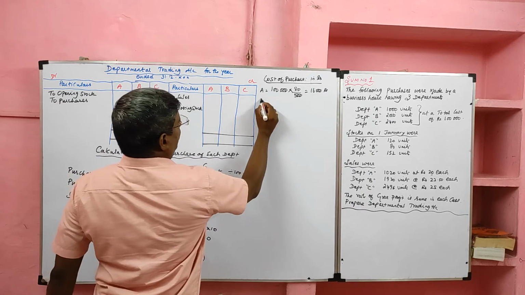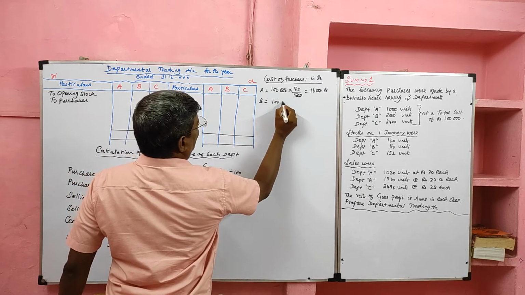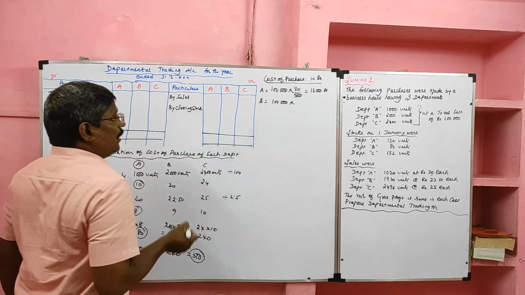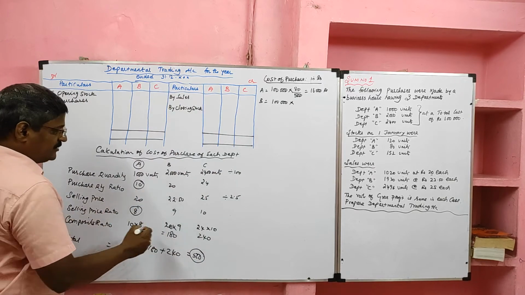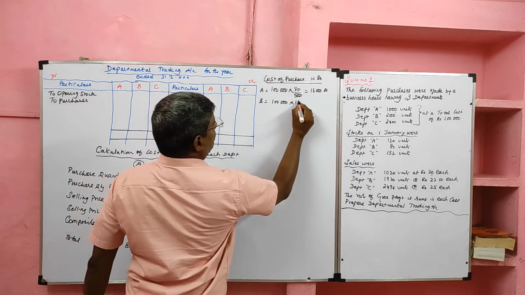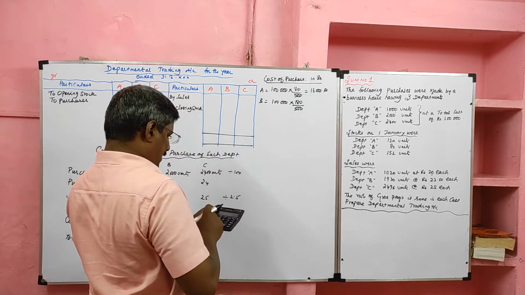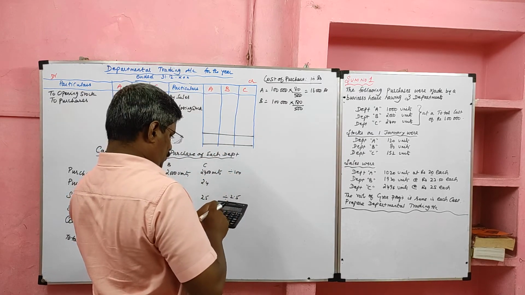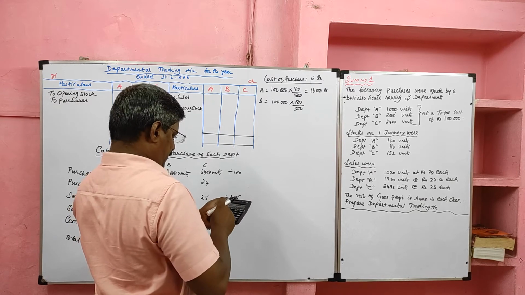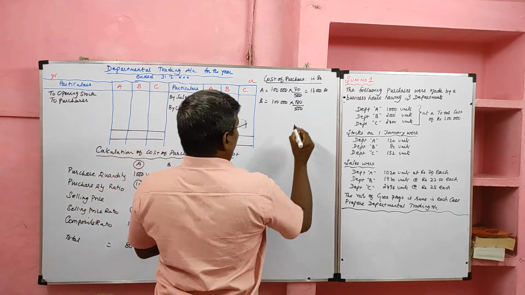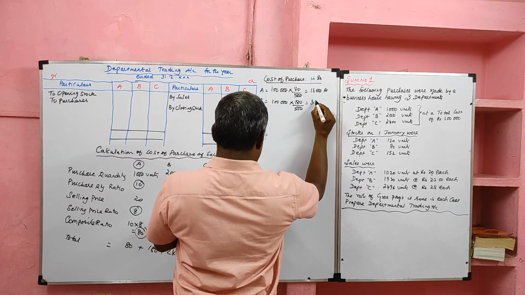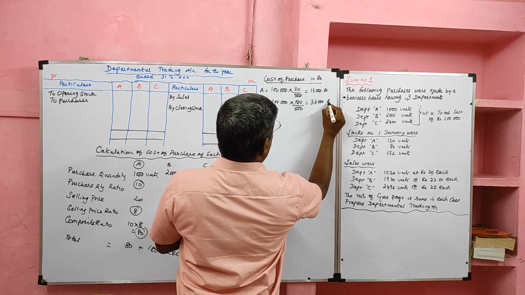Then for B, 1 lakh into composite ratio of B, 180 divided by 500. So the cost of purchase of department B is 36,000 rupees.